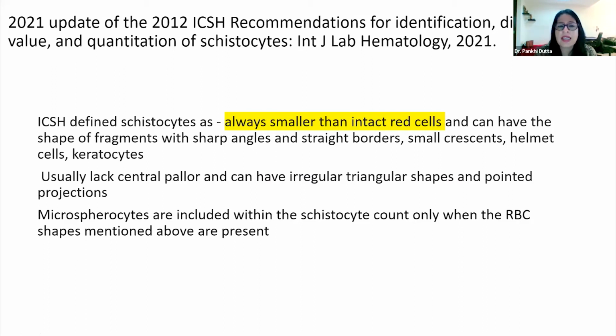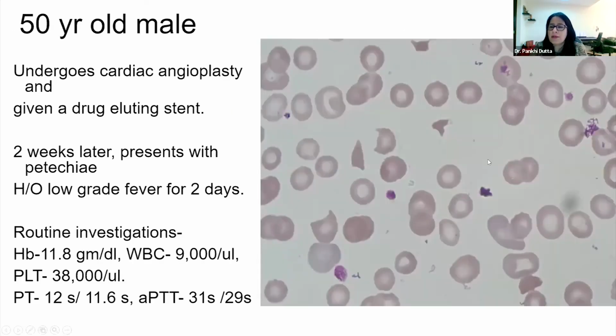So when we are actually counting them, we can include the microspherocytes only when you have the other well-defined schistocytes. So if you are saying schistocytes, and along with them we have microspherocytes, we can include them in the schistocyte count.